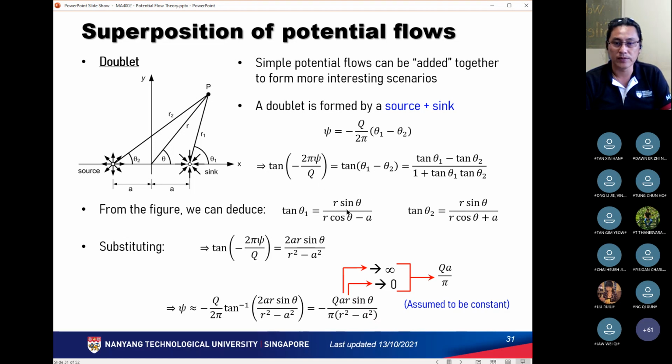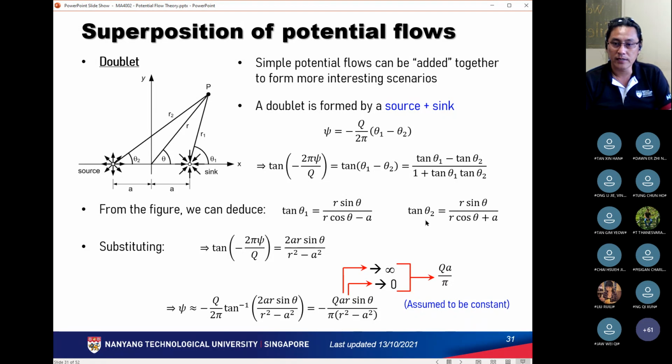How about the horizontal length, or the adjacent? It's R cos theta minus A, which will be the adjacent if we take tangent theta 1. And we're going to get an expression for tangent theta 2. Rinse and repeat with the same technique. We get R sine theta divided by R cosine theta plus A.